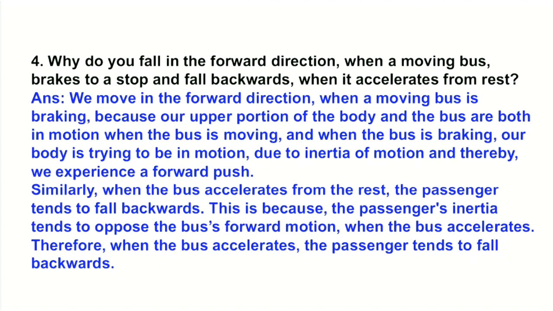That is why we fall forward. But when a bus gets started from rest, our body, which was already at rest, tends to stay at rest due to inertia of rest. That is why we fall backwards.